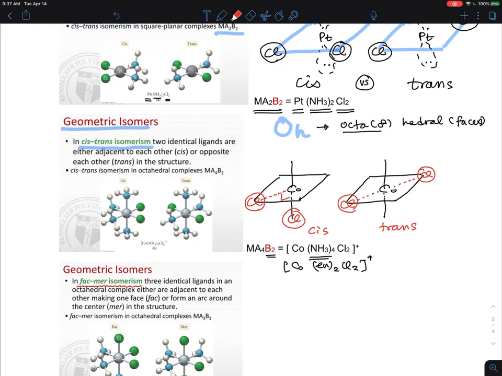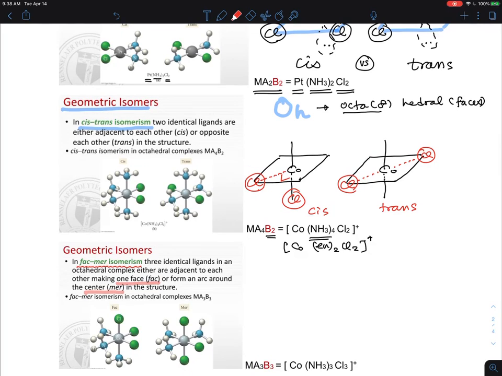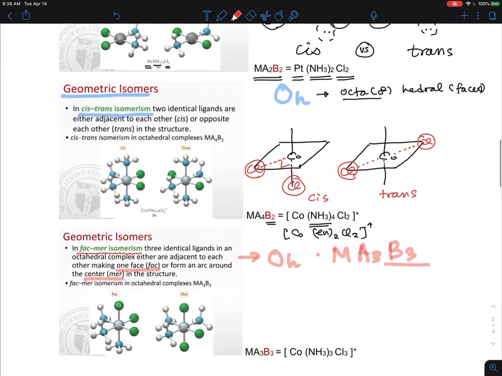FAC means making a face, and MER means coming to a meridian, which is going through the poles. This is unique to those having an octahedral complex with metal and 3 of the same ligand, and I'm focusing on the one that is 3, that is here.